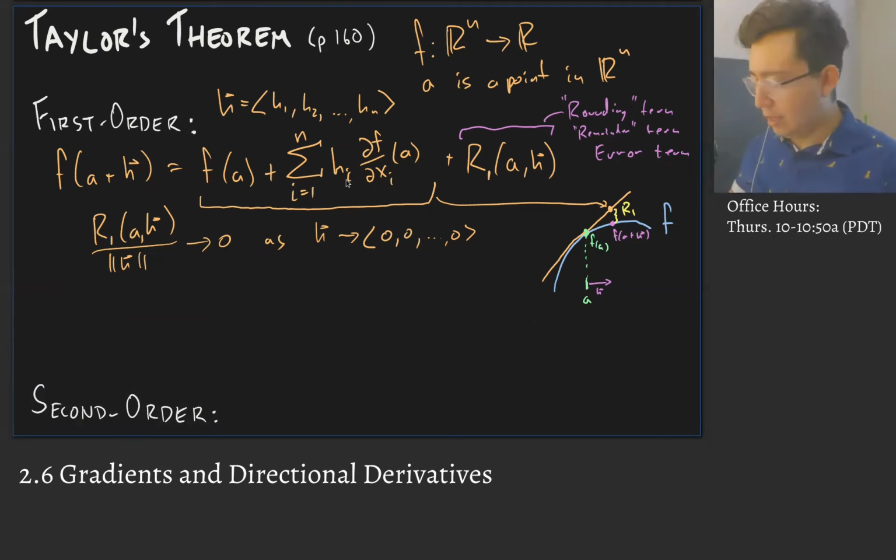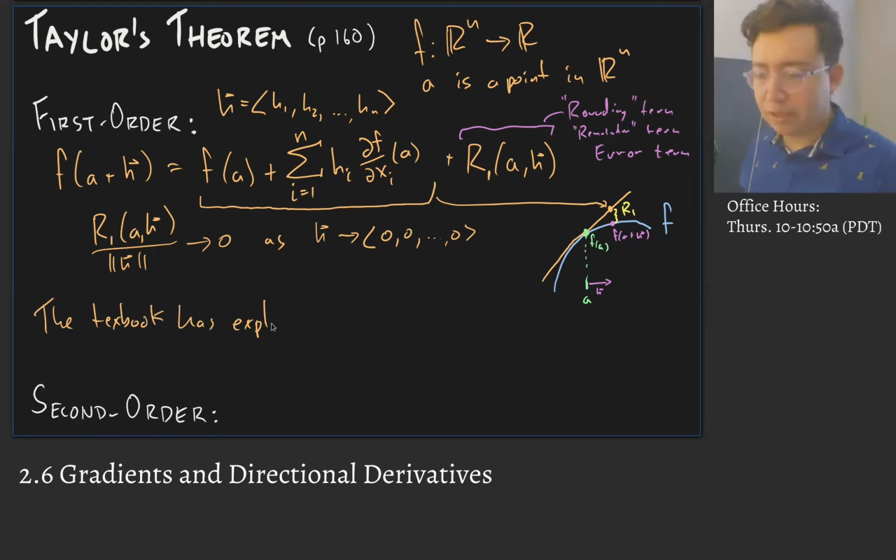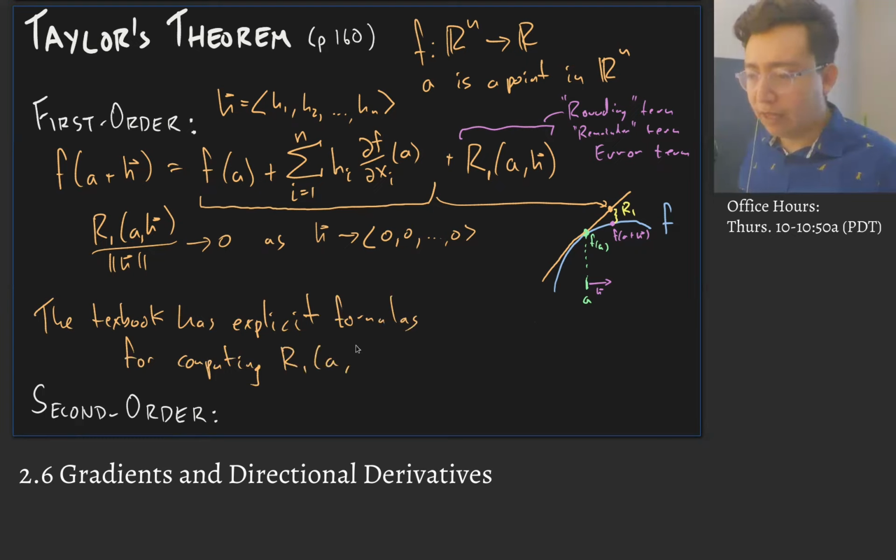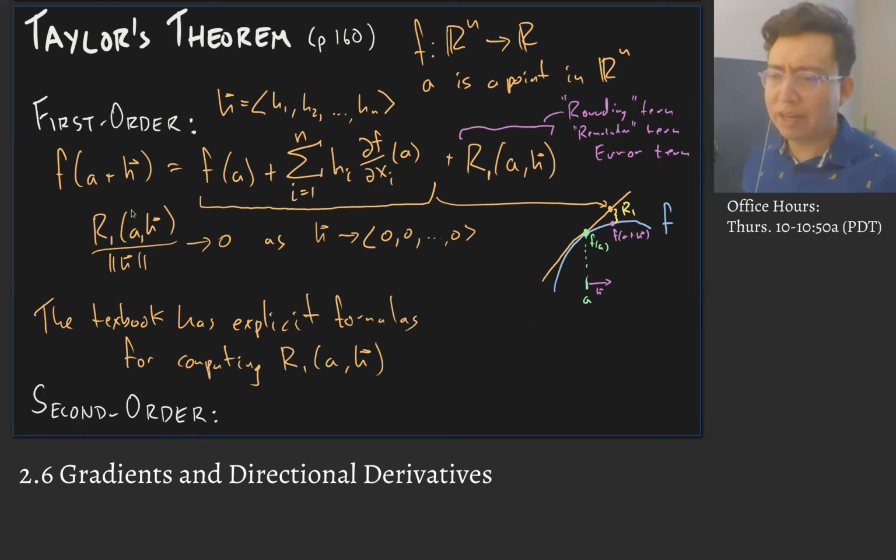I want to say just that if you read the textbook, the textbook has explicit formulas for computing R1 of A H. I will say that the textbook doesn't use A here.